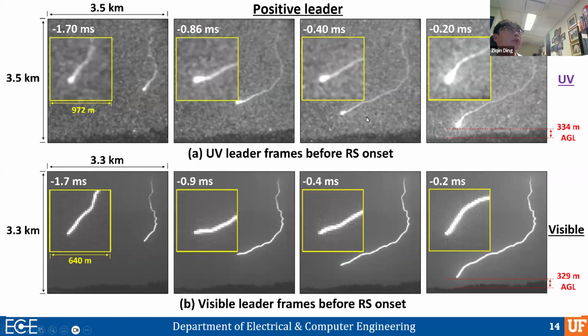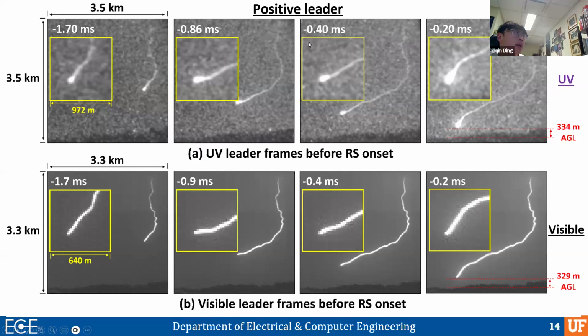On the top row, we show four frames of what we observed for a positive leader, and the bottom four are the corresponding visible frames observing the very same event. They are aligned, so each frame on top corresponds to the visible frame at the bottom.